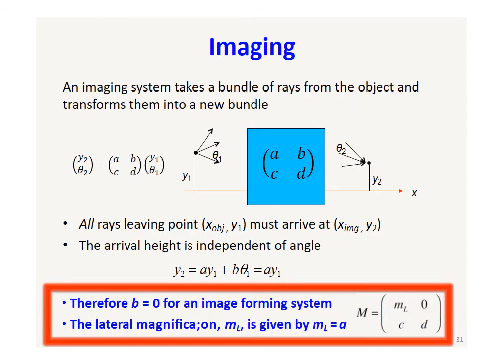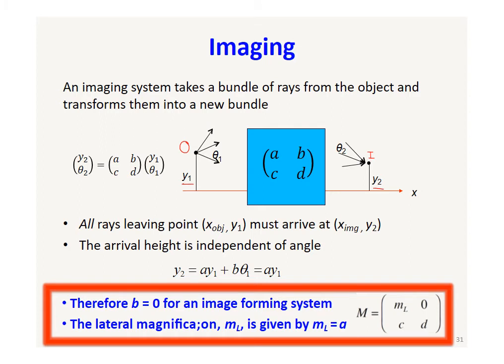Now we have an optical system here that does imaging. When it's imaging, it means that we've got an object located here and the rays are coming all from a point. That means that all these rays have to have exactly the same Y1. Because it's an imaging system, all the rays are going to converge on an image, and those rays might have different angles, but they will all have exactly the same Y2.